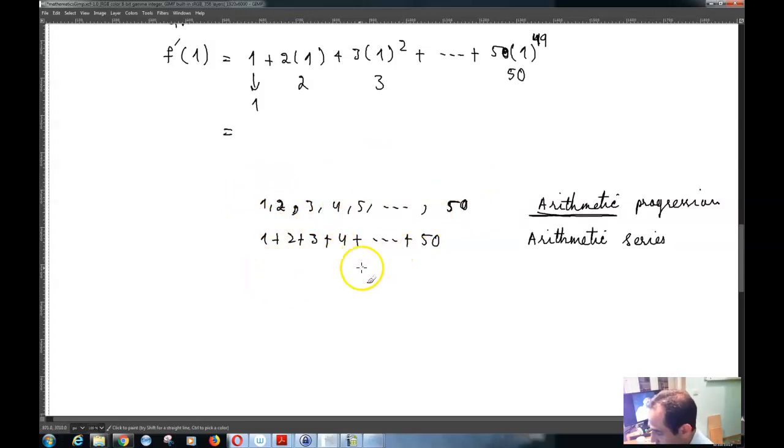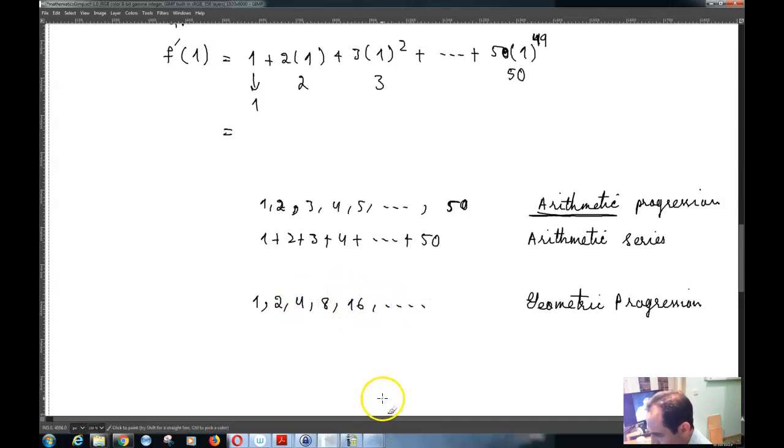Now, you could have another sort of progression called a geometric progression. It is written like this. For example, you have 1 over here. 1 times 2 is equal to 2. 2 times 2 is equal to 4. 4 times 2 is equal to 8. 8 times 2 is equal to 16, and so on and so forth.